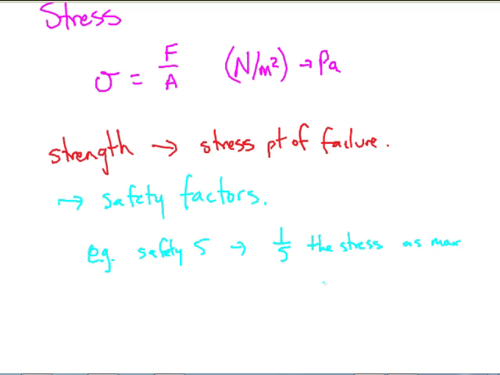So subject it to up to only 1/5 of that stress, so that we don't take it to a point where it could fail. Basically, it's protecting the public from injury, protecting the company from liability of injury caused due to their design failing.